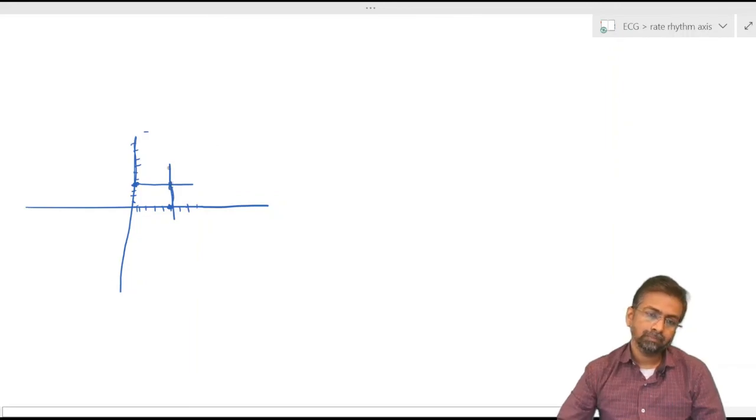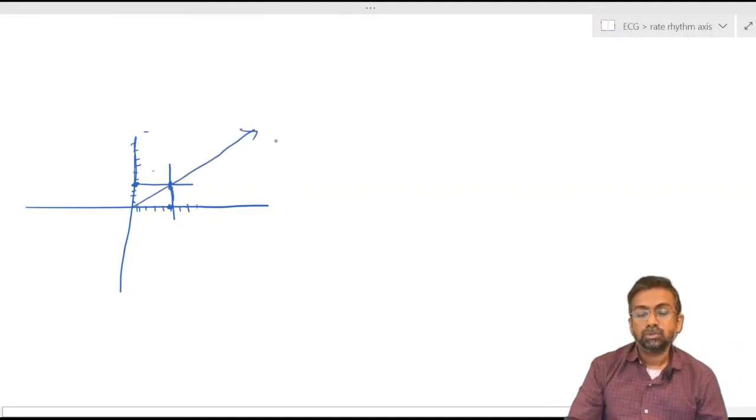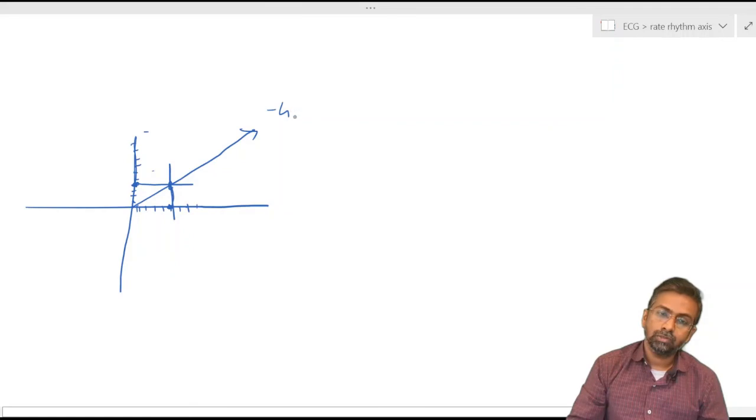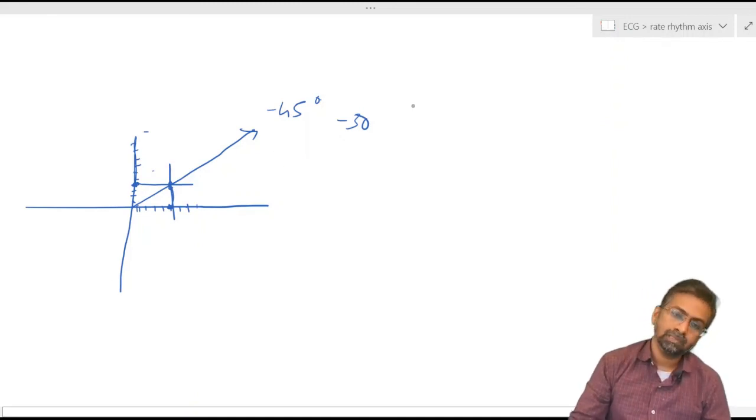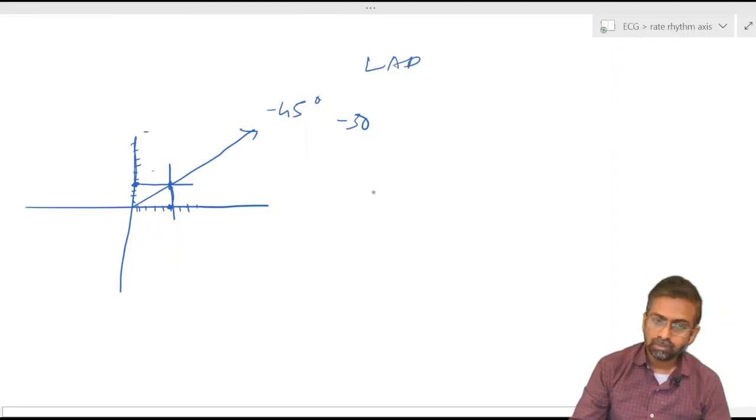This is -5, -5. You join these two and draw this line. So it is around -45 degrees, which is less than -30, it means there is a left axis deviation. When the axis is less than -30, it becomes left axis deviation.